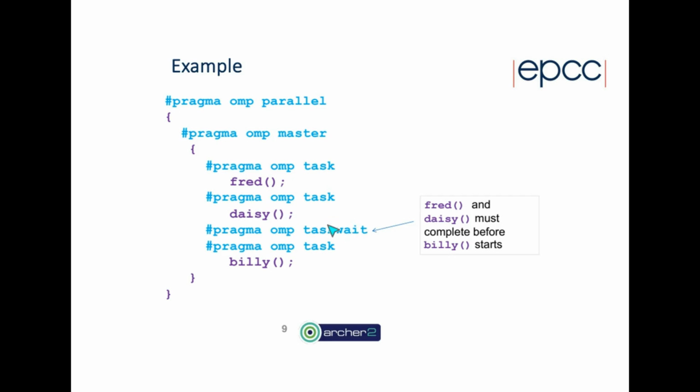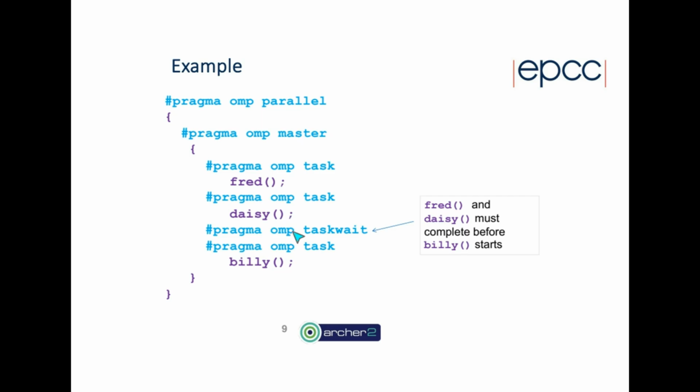So at that point, the master thread will stop and it will wait for these two tasks to have been completed. So they're probably going to be executed by some other thread in the parallel region, but not necessarily. The master thread could also be involved in executing those tasks as well.